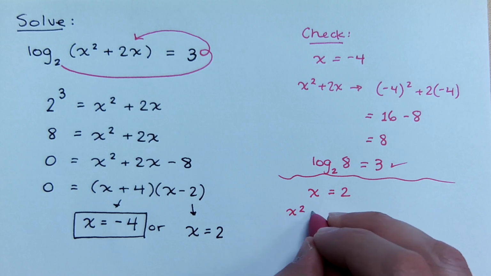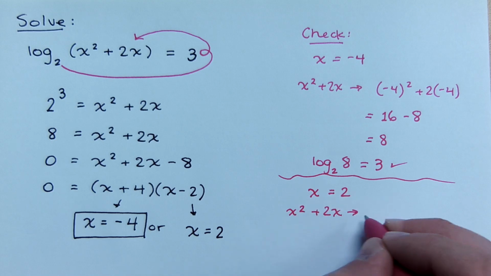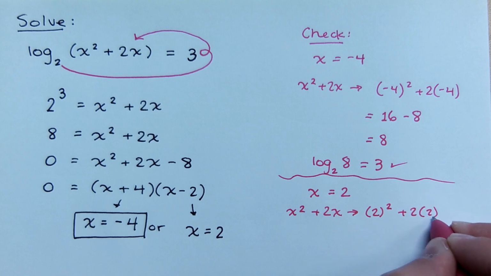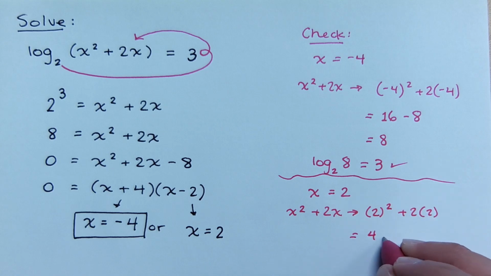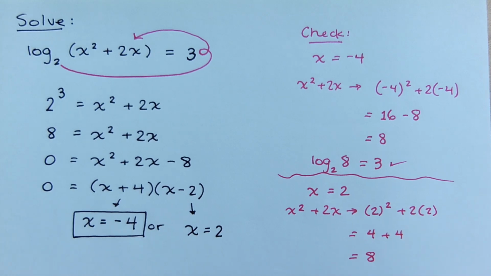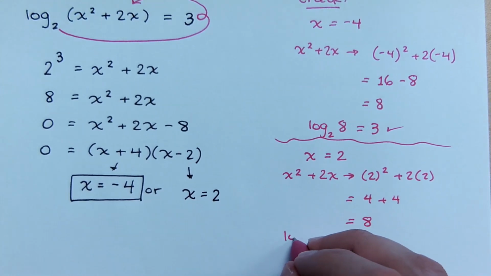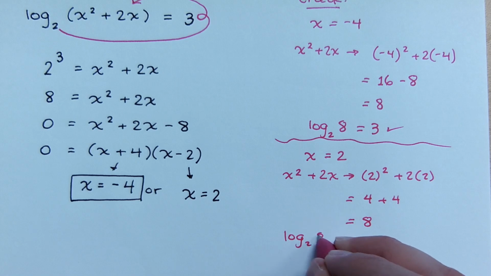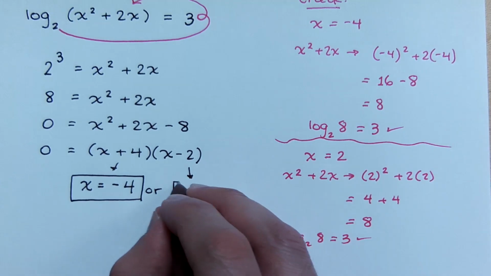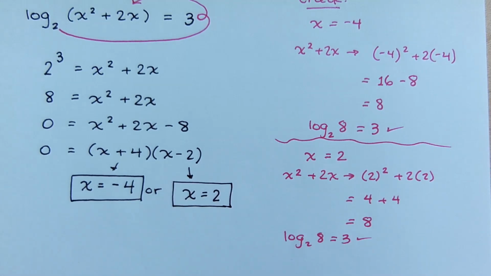So again, I'm going to take the x squared plus 2x, plug in the 2. So 2 squared plus 2 times 2, do my arithmetic. 4 plus 4 gives me 8. It's going to end up being the same thing. So you can check to see that log base 2 of 8 does equal 3. Both of these solutions are valid.